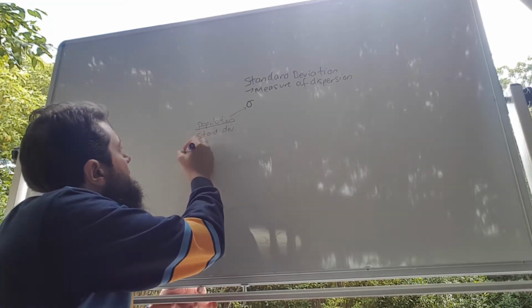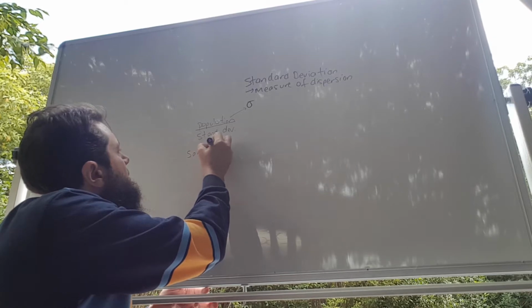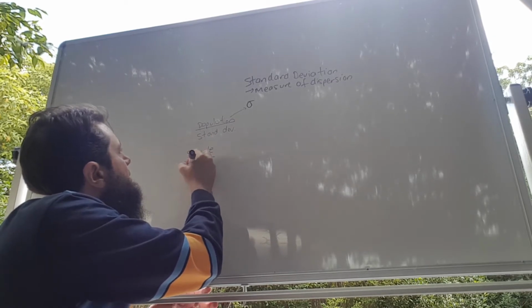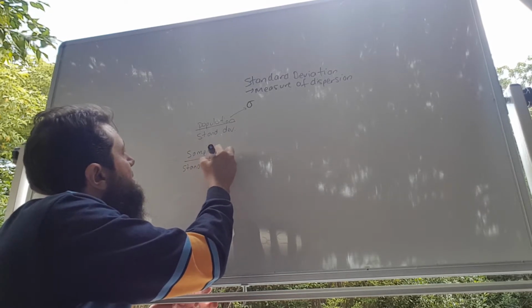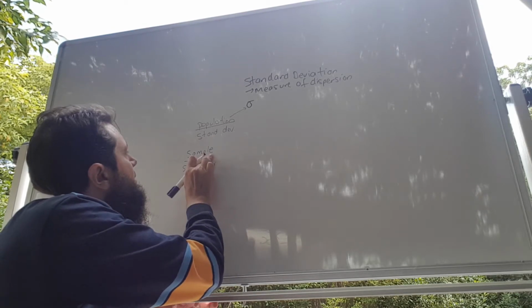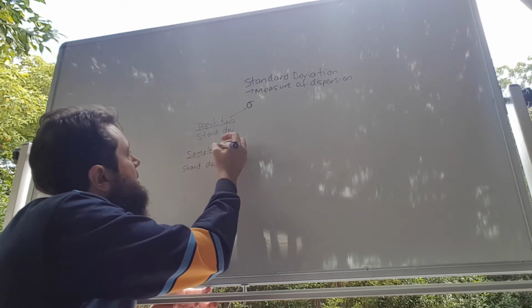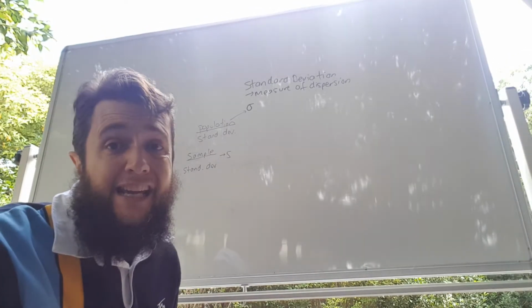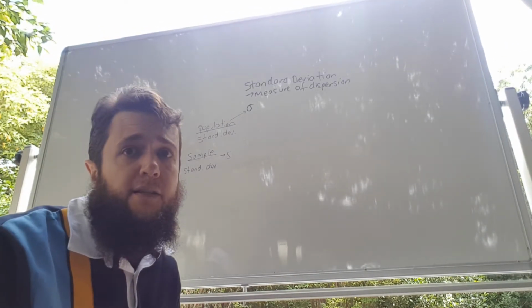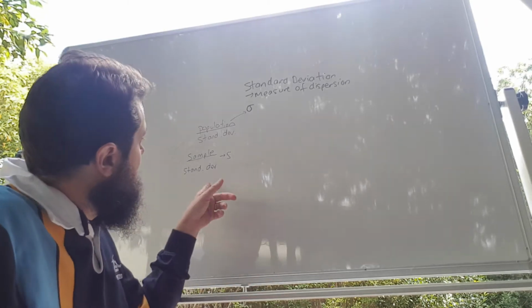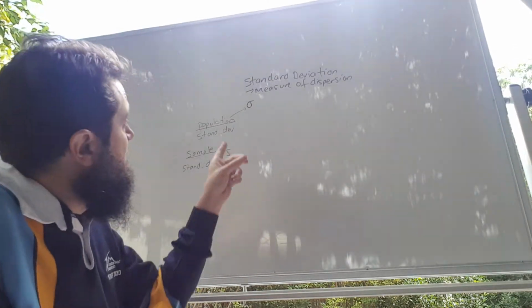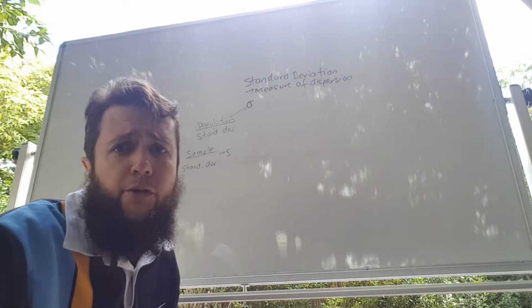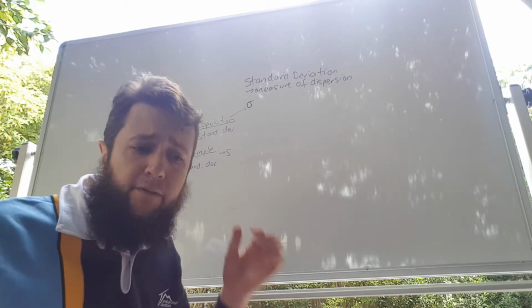In case you're curious, the sample standard deviation also has a standard symbol, and that symbol is S. So if you ever see S in any documents, statistical discussions, or anywhere else, S refers to a sample standard deviation, and the other symbol refers to a population standard deviation.